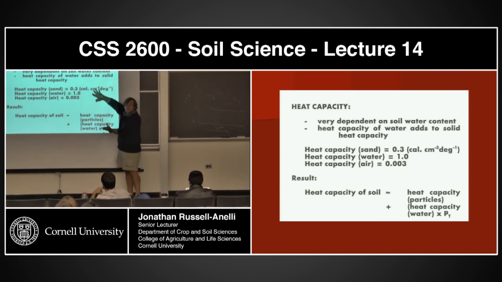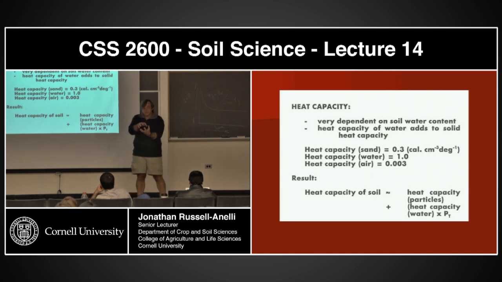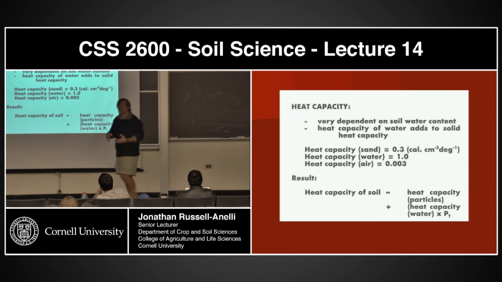But this object, in turn, can heat other things up by transferring that energy. And that term is what we call heat conductance. This is heat capacity, how much energy it takes to actually heat something up. But once you've got it heated up, what happens to it? Well, it transfers that energy to other things, and that term is heat conductance.